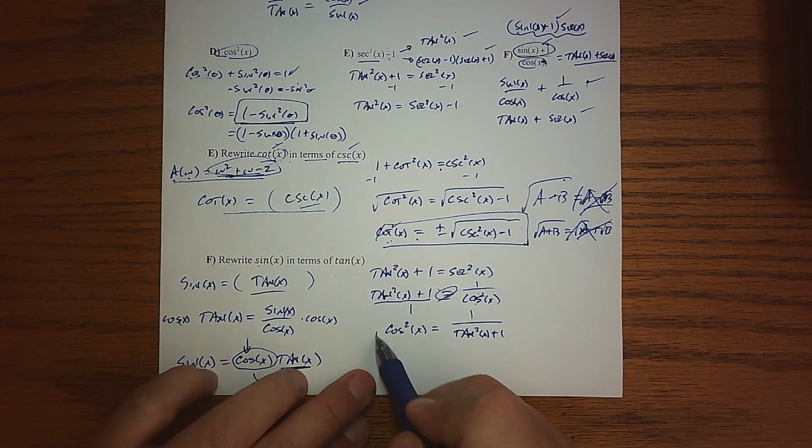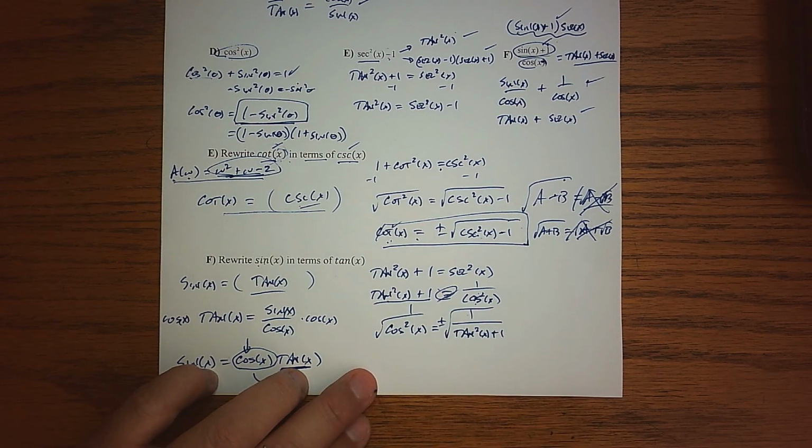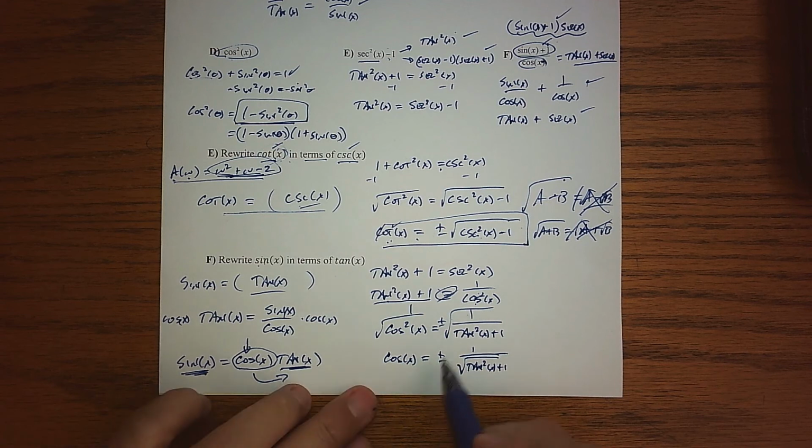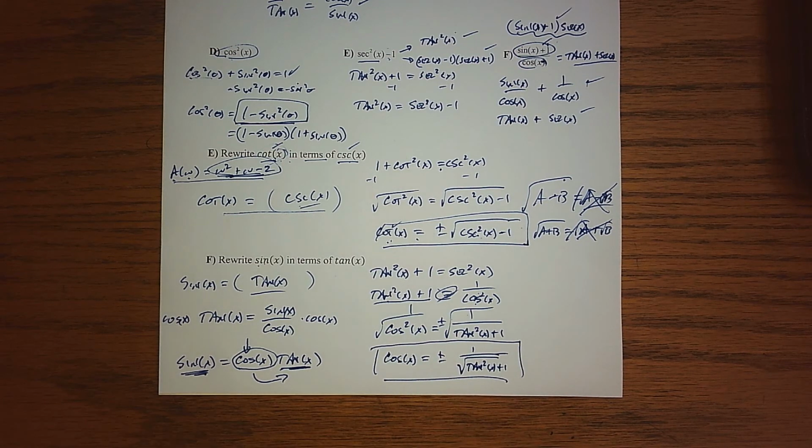If we take a square root, again, that's going to give us a plus and minus. We find that the cosine of x is plus or minus the square root of 1, which is 1, over the square root of tangent squared x plus 1. Now I have my cosine in terms of my tangent. And again, don't fight the urge to break this radical up over that sum.